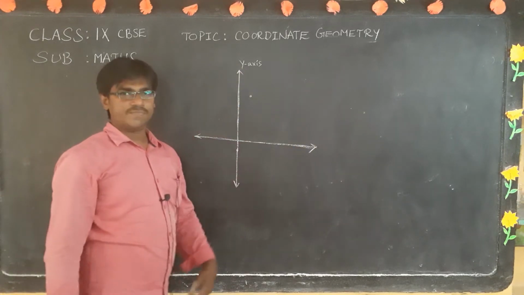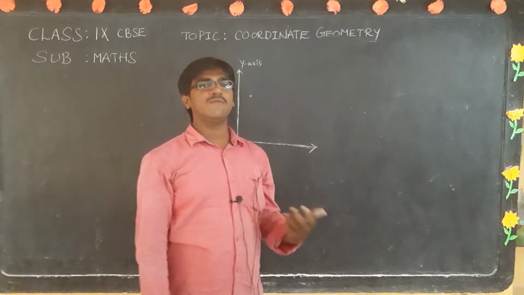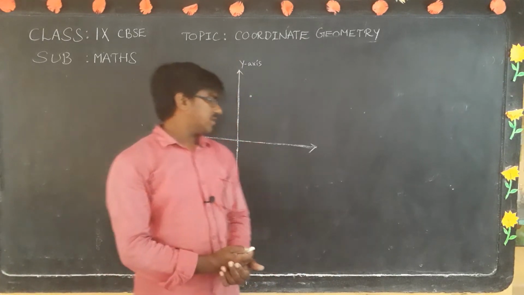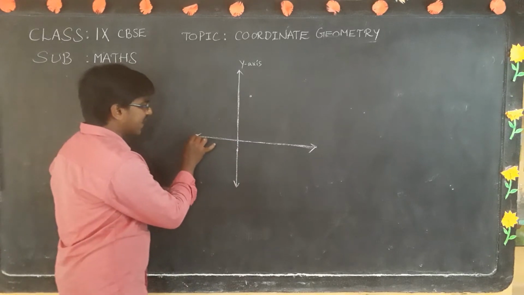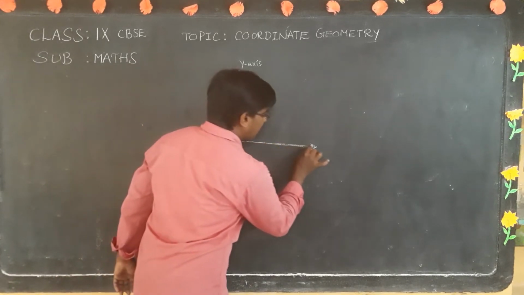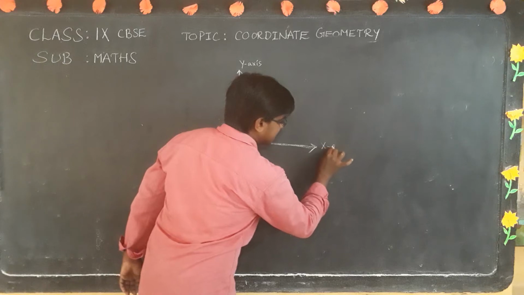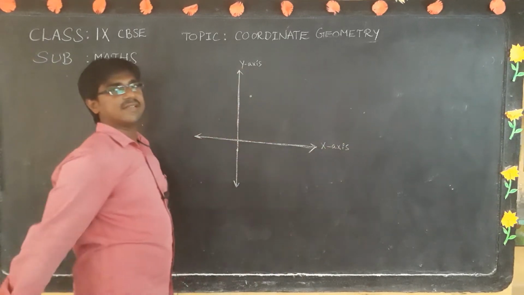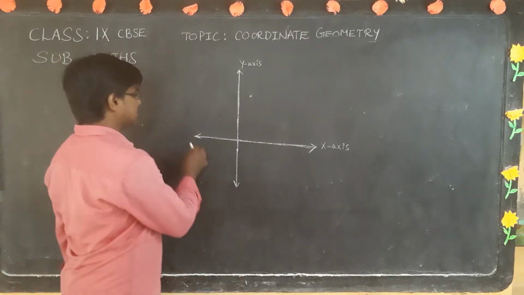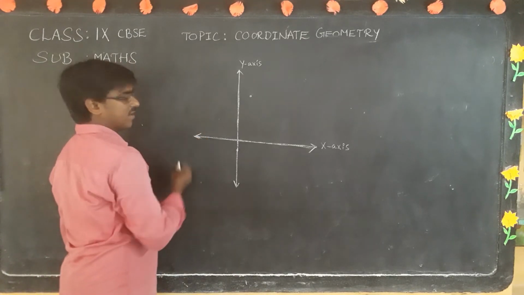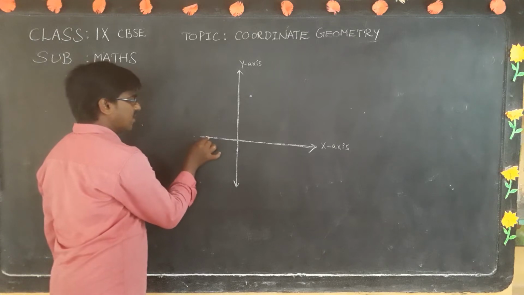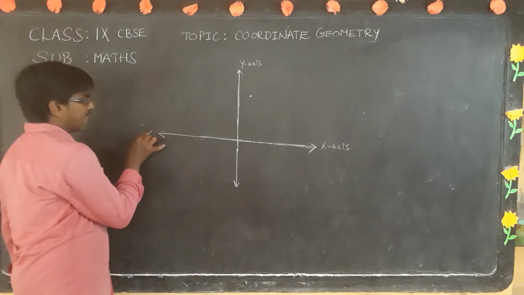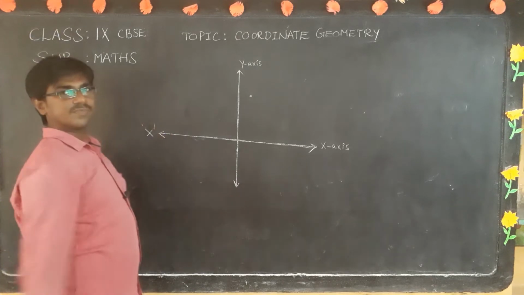Whenever we are sleeping, in which mode are we? We are sleeping horizontally compared to the earth. So this horizontal line we call the x-axis. If we extend the other side, this is called x dash.